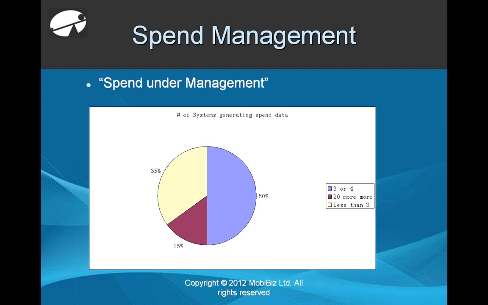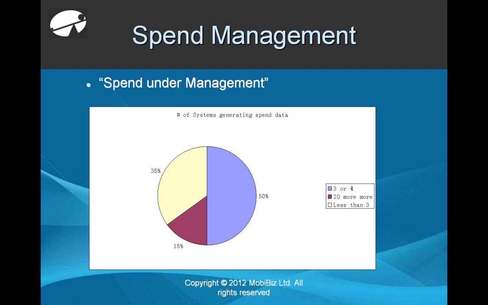I'll start off by giving you a few stats, and these stats come from a research report from Aberdeen Group. This was dated last year, so it's not that recent, but still I think it's quite valid. This pie chart is saying that 50% of the organizations have between 3 and 4 systems generating spend data.